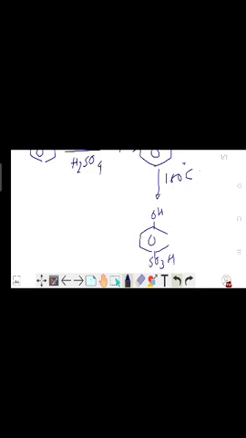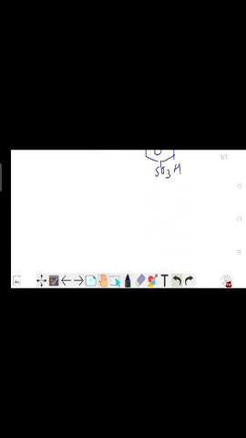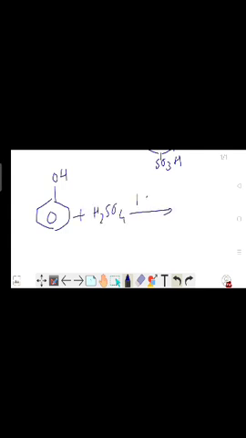But if you directly heat this reaction mixture, that is phenol reacting with concentrated sulfuric acid at 100 degrees centigrade, then it directly transfers into the para SO3H product.